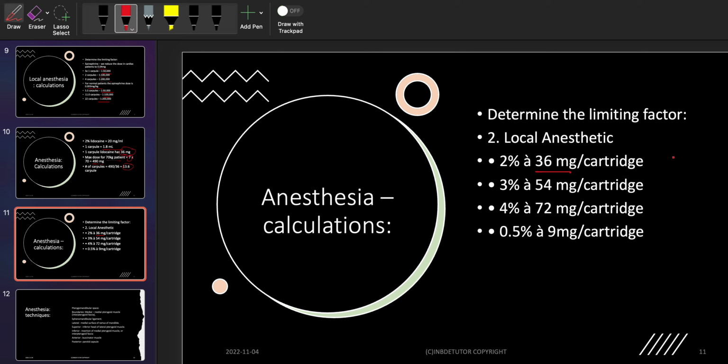So 2% is 20 into 1.8, so you will get 36. 3% is 30 into 1.8, which will come as 54. 4% is 40 into 1.8. 0.5% into 1.8 will come as 9 milligram. So you can just remember them like this, so it saves you time when you are calculating. This is how I like to remember. Again, I'm mentioning it, I'm not very good at calculation, so this is my way of remembering these things.